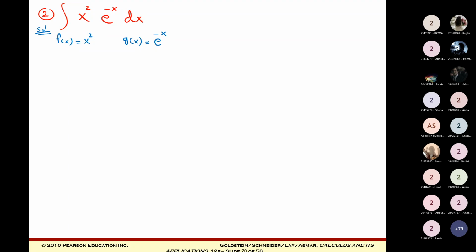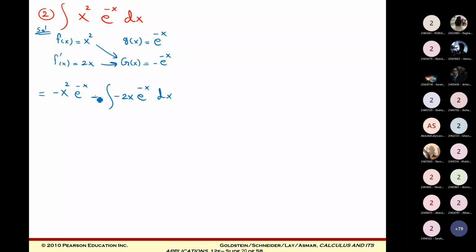Now the derivative f prime equals 2x. The integral of g, g capital, equals minus e to the power minus x. Now multiply: this equals negative x squared e to the power negative x minus the integral of negative 2x e to the power minus x dx.